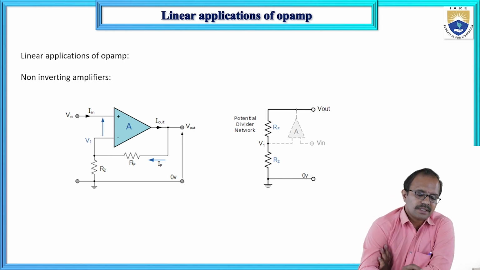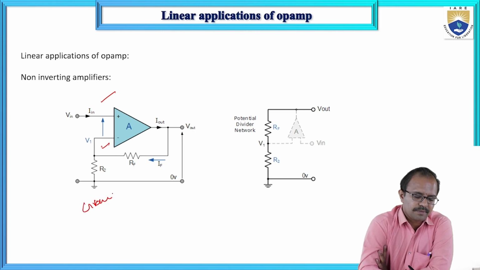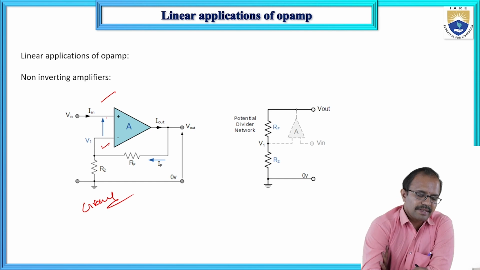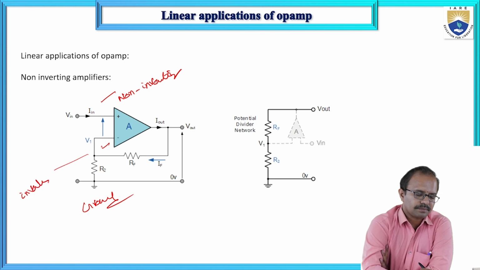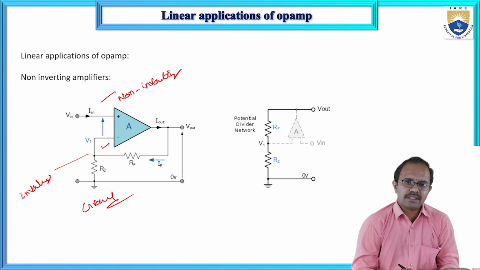The inverting terminal is connected to the ground, whereas the non-inverting terminal is connected to the signal source Vin.